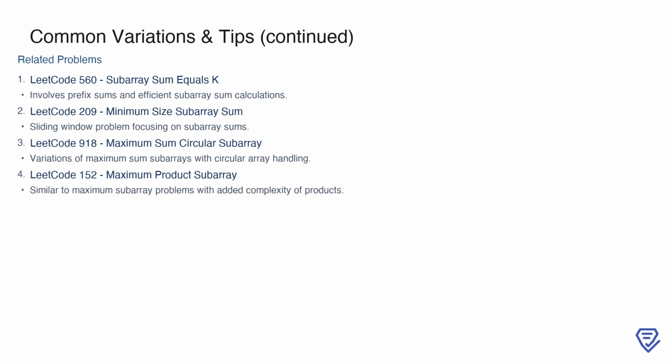LeetCode 918, Maximum Sum Circular Subarray, introduces variations of maximum sum subarrays with the added complexity of circular arrays. Lastly, LeetCode 152, Maximum Product Subarray, shares similarities with maximum subarray problems but involves the additional challenge of handling products. Each of these problems can enhance your understanding of how to handle subarray-related challenges.